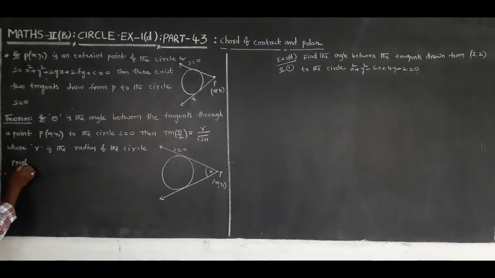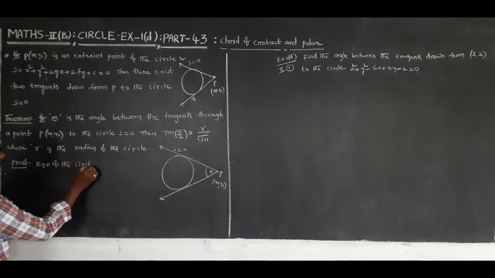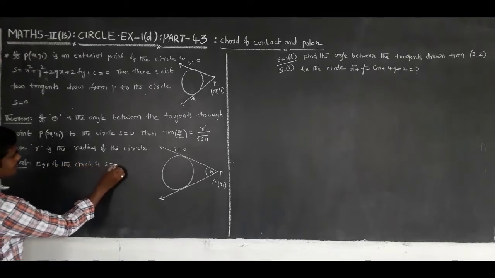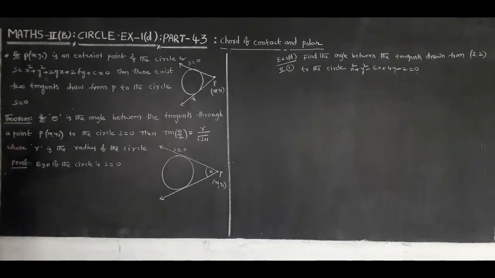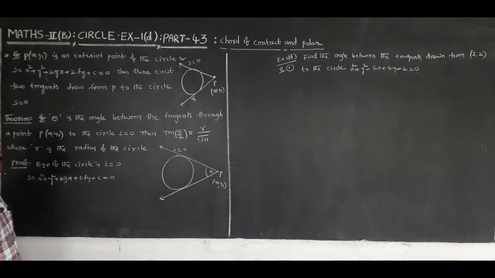Here the given equation of the circle is S equal to 0, which means x square plus y square plus 2gx plus 2fy plus c is equal to 0.